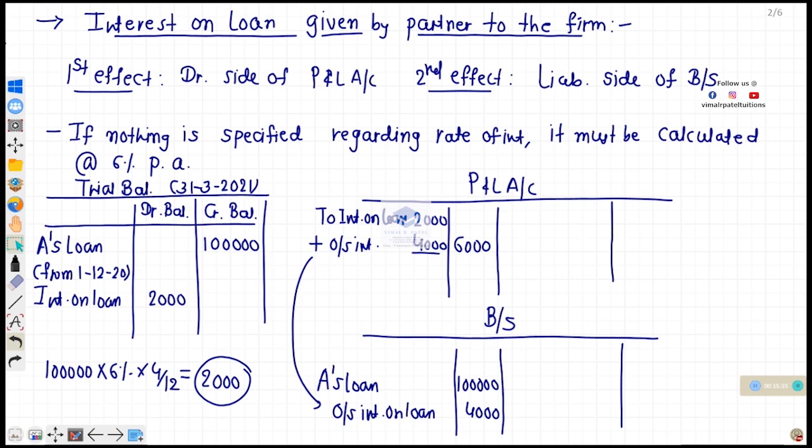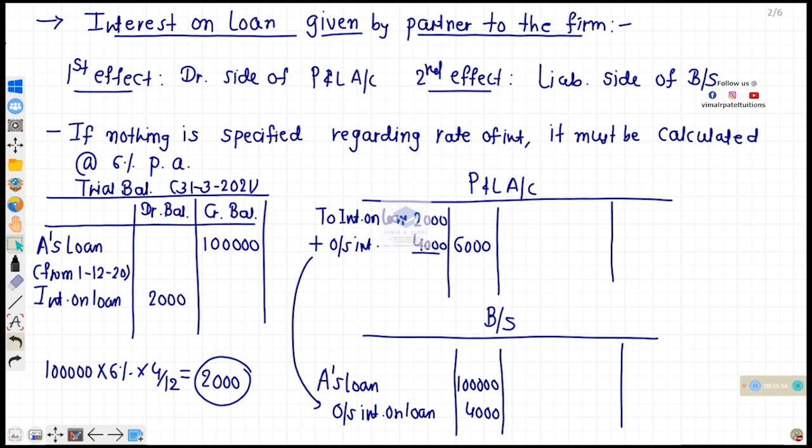And if it is already given 2000, then there will be no adjustment effect because it has already been given. But if this amount is not given in the trial balance, then first effect on the debit side of P&L account, outstanding interest on loan, and second effect, outstanding interest on loan, liability side.